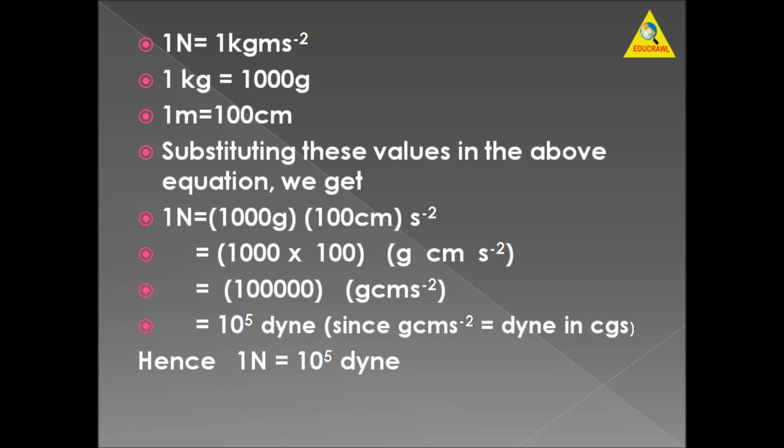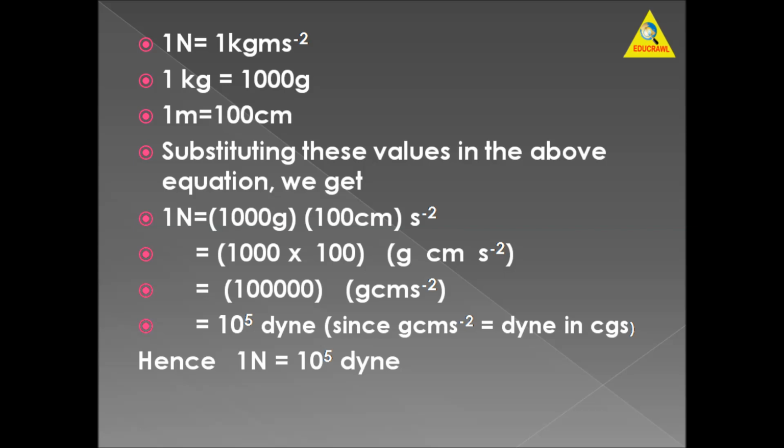Now we bring the numbers alone in front. So the equation will become 1000 into 100 into gram centimeter per second square. Now when you multiply, we get 1 lakh gram centimeter per second square, which can be written as 10 power 5 gram centimeter per second square.